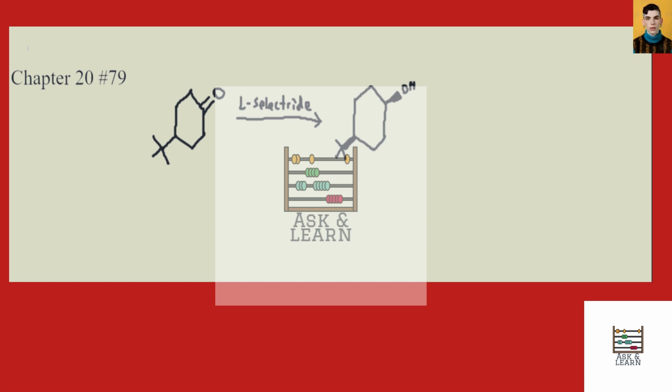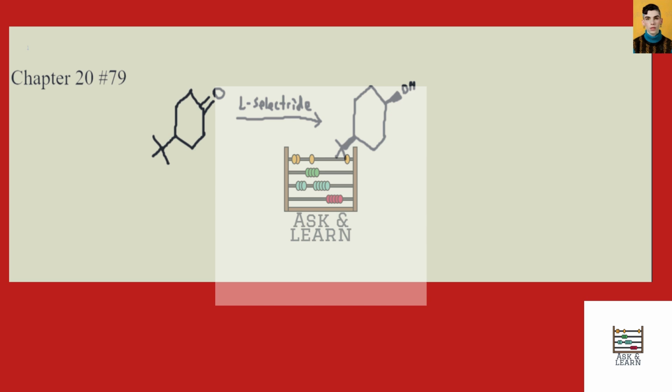And that whole system has a negative charge, and then it's counterbalanced with a lithium ion with a positive charge. So it's a lot like sodium borohydride, except that in sodium borohydride, the central boron just has 4 hydrogens on it. So the difference here is that the 3 sec-butyl groups on the boron make this boron a lot bulkier.